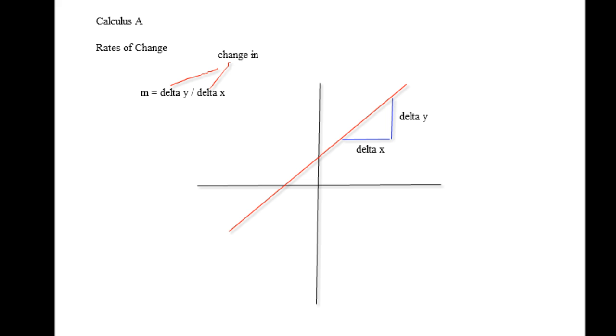Okay, now the things that are most made up of these are going to be the difference quotient, the formula.